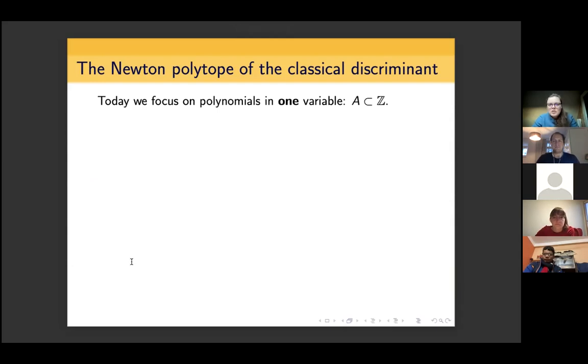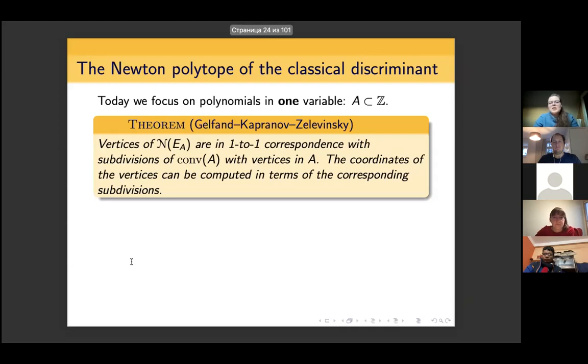But since we today focus on the univariate case, the result by Gelfand, Kapranov, Zelevinsky stated for the A-determinant also makes sense for the A-discriminant, because these Newton polytopes will be sort of the same up to a shift.